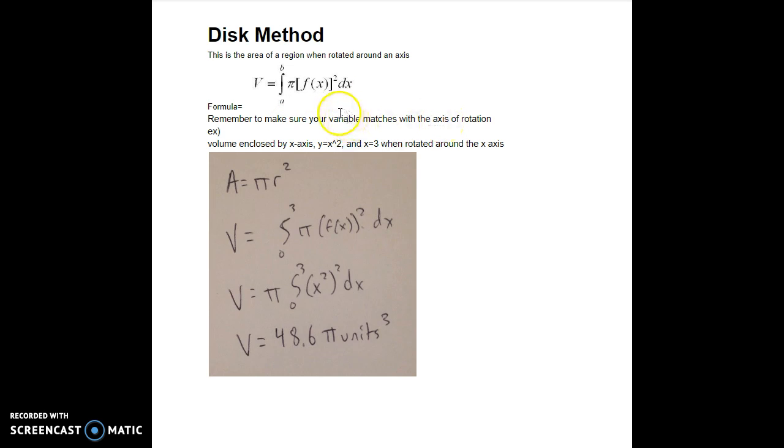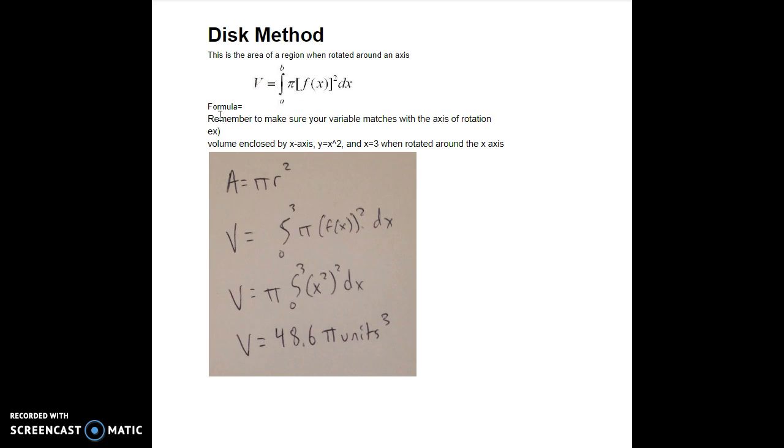And this is derived from your area of a circle, because when you rotate your graph around the x-axis, it forms a circle around the axis. But instead of your radius, you have your f of x, because your radius is not necessarily the same throughout your whole disk.